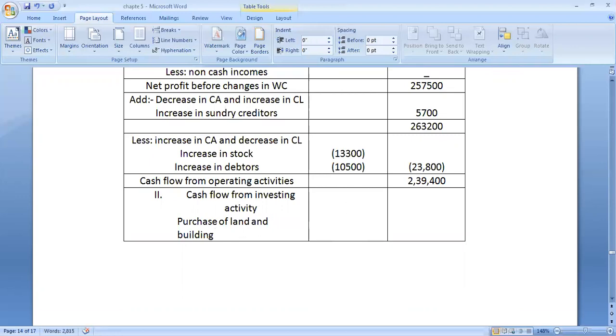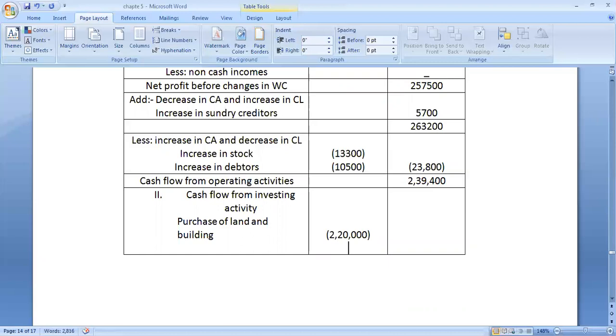It is 2,20,000. Okay. So also take the other two purchases. So make it as purchase of plant and machinery.